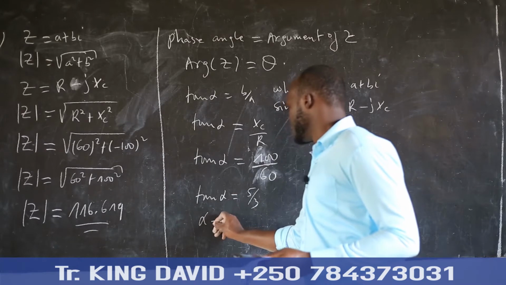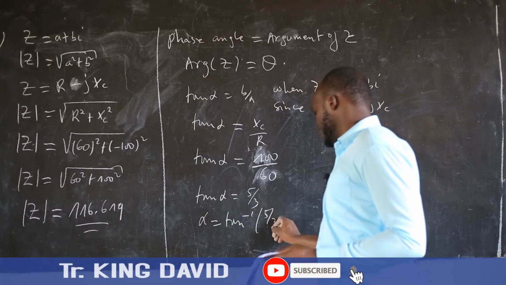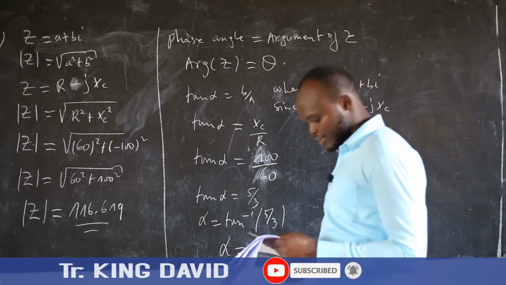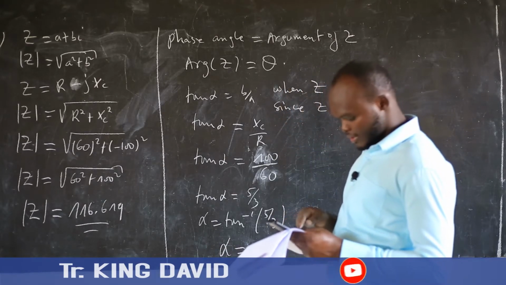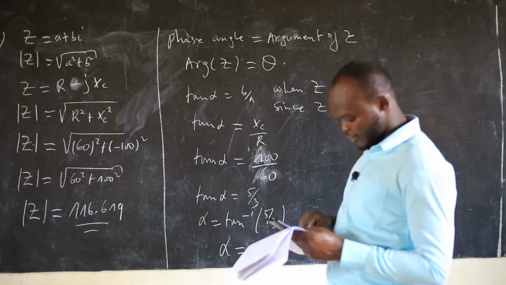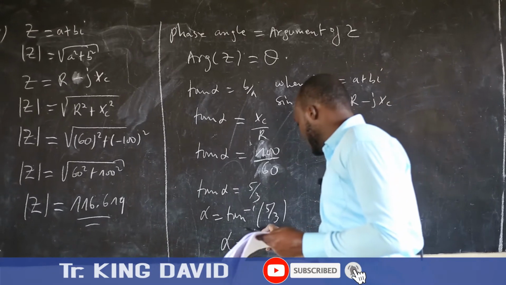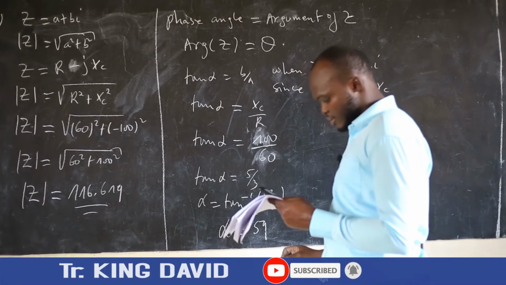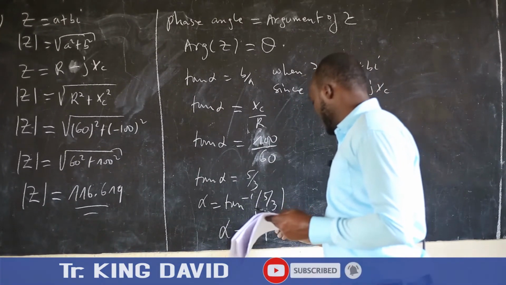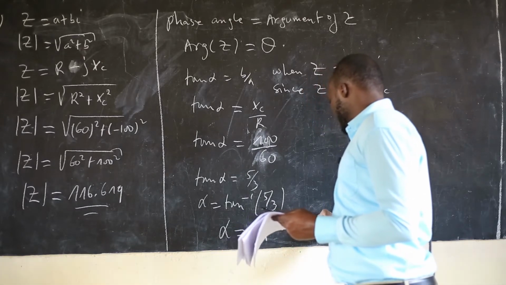So alpha is tan inverse of 5 over 3, which is 59.036 degrees, approximately 59 degrees.